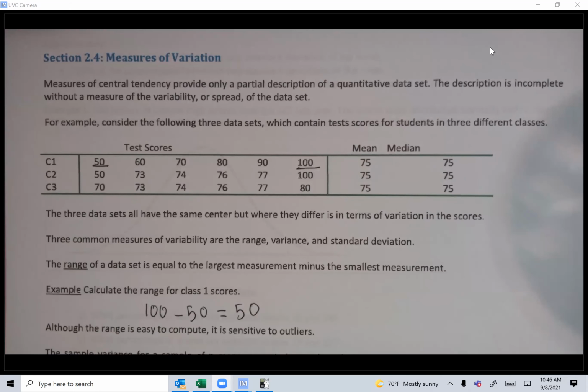The standard deviation, guys, is the measure of how much the data are spread out from the mean. I can tell you from now, for C1, we're going to have the largest standard deviation because there's no consistency. In C3, it's going to be the lowest standard deviation, and C2 is going to be in the middle between C1 and C3.